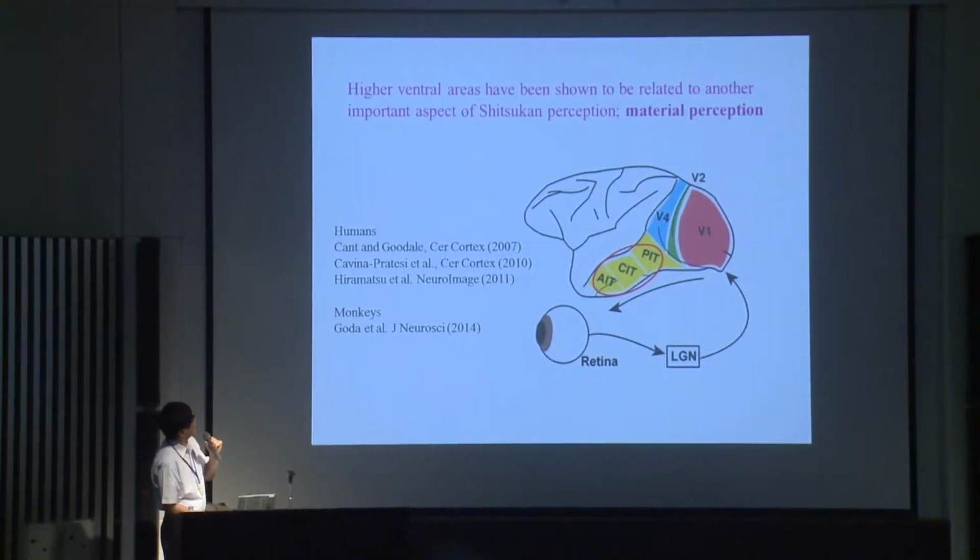Previous studies have shown that higher areas in the ventral visual pathway are also related to another important aspect of Shitsukan perception, that is material perception, like Cant and Goodale, or Cavina-Pratesi et al., and Hiramatsu et al. in humans, or Goda et al. in monkeys.